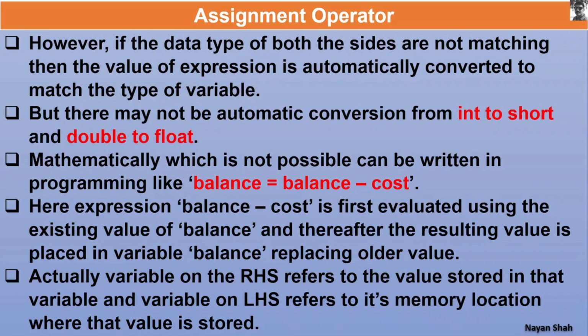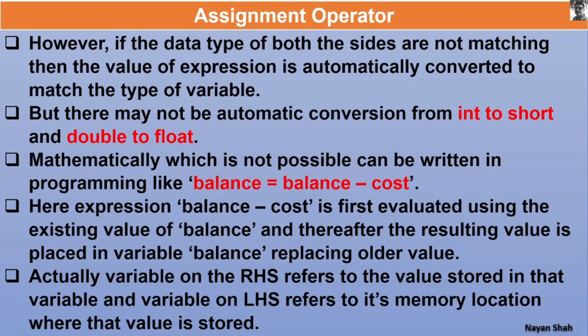However, if the data types of both sides are not matching, then the value of the expression is automatically converted to match the type of variable. But that doesn't happen every time, remember. So it says that if the data types of both sides are not matching, then the value of the expression on the right hand side is automatically converted to match the type of variable on the left hand side. But there may not be automatic conversion in certain cases.